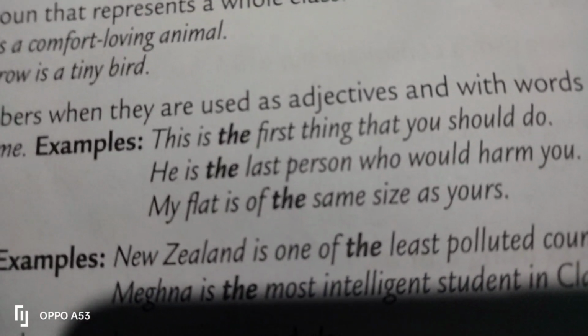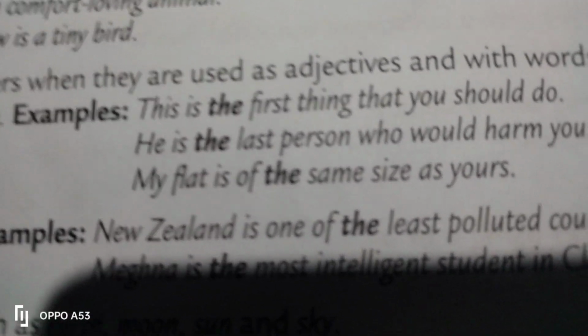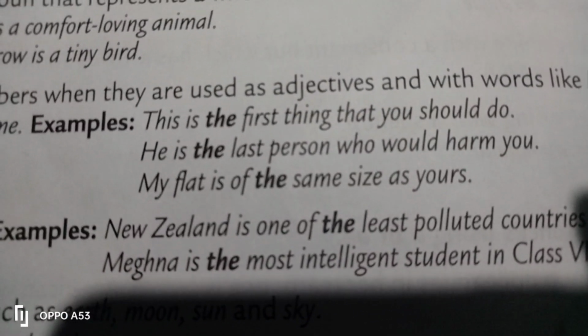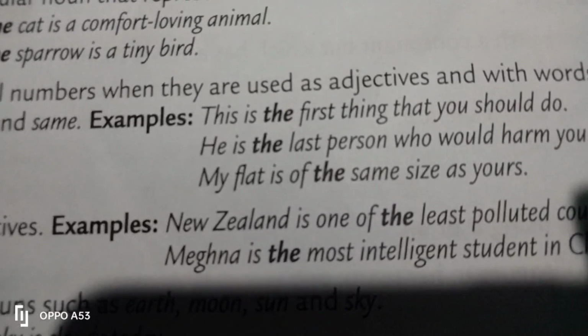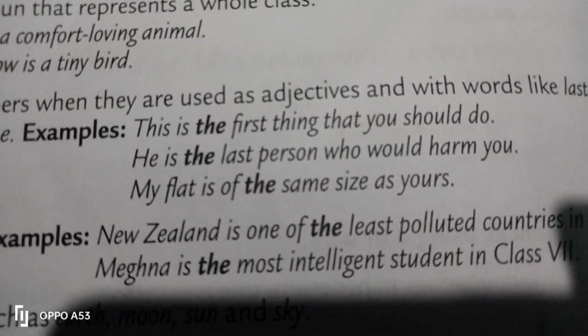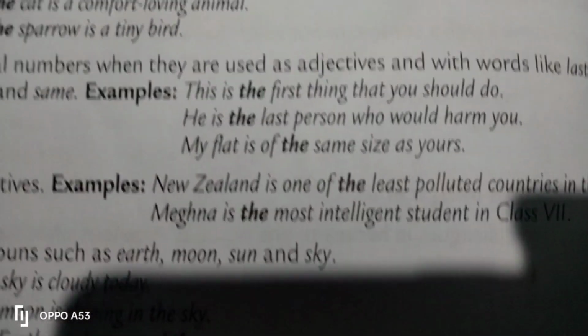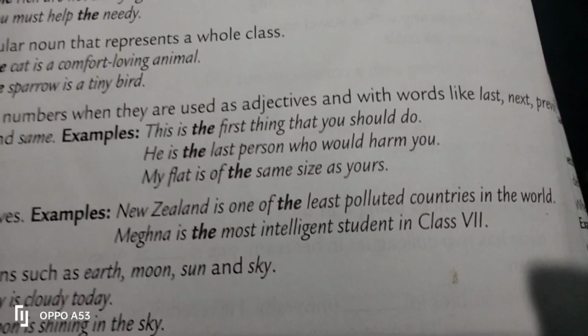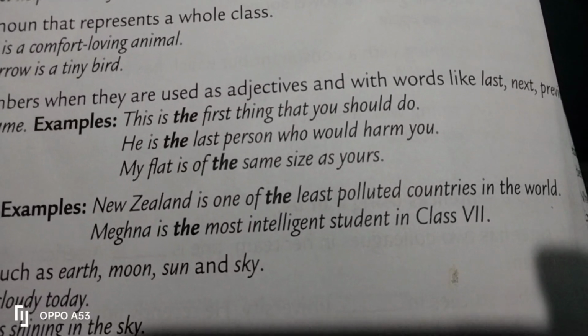He is the first person whom you have to honor. See that. He is the last person who would harm you. My flat is of the same size as yours. So from all these examples, we can find out that first, last, same are all adjectives.